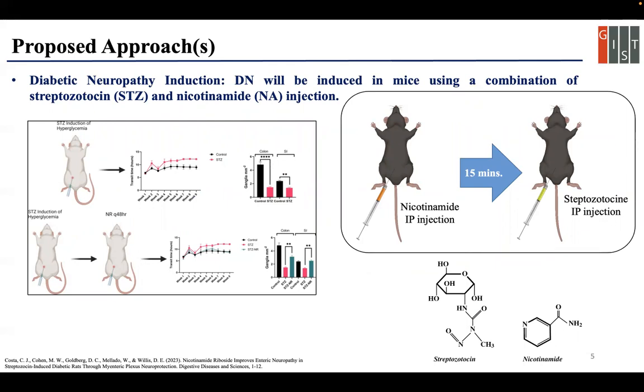Now, for this proposal, I have to do the diabetic neuropathic induction, which can be done by the STZ model. STZ is streptozotocin, but based on the research and background that I have found, the combination of nicotinamide and streptozotocin injection causes better induction of type 2 diabetes and diabetic neuropathy in mouse. So for my animal model, I'm going to use the combination of streptozotocin and nicotinamide injection to induce the diabetic neuropathy.